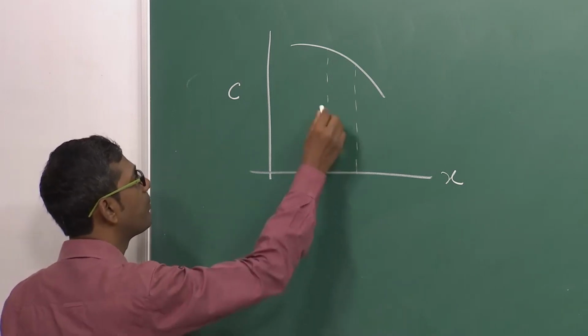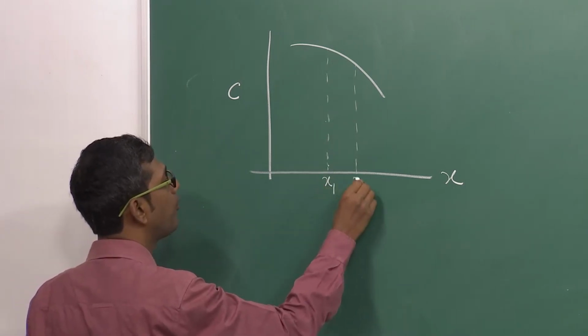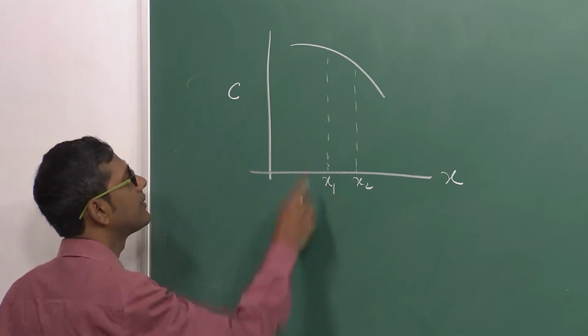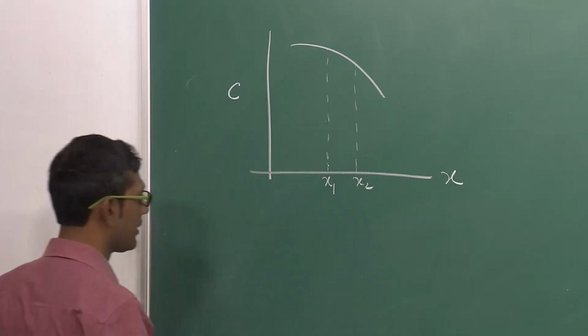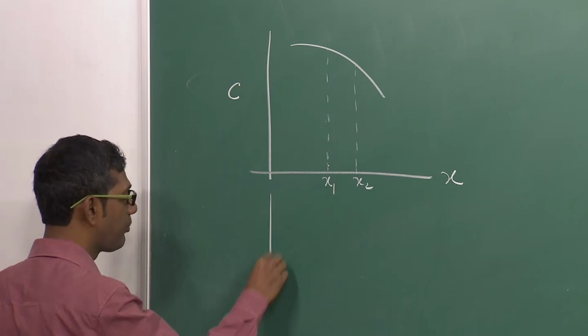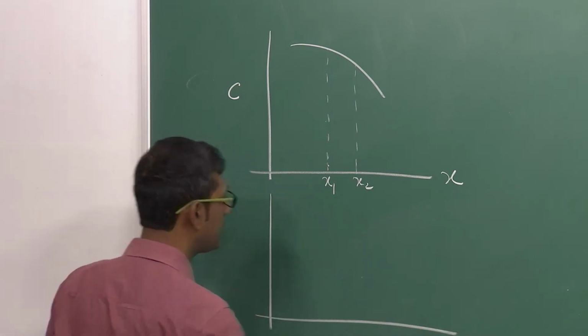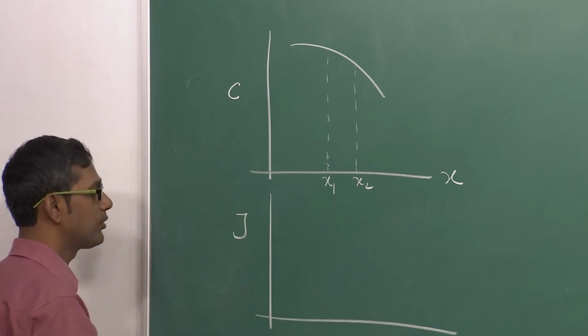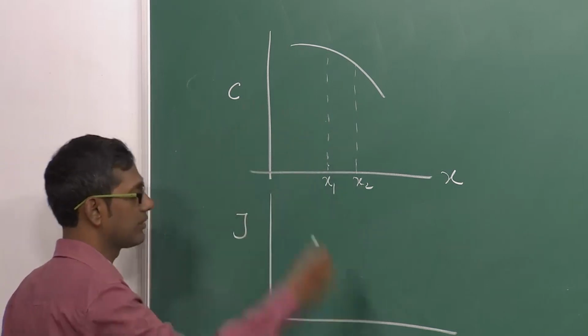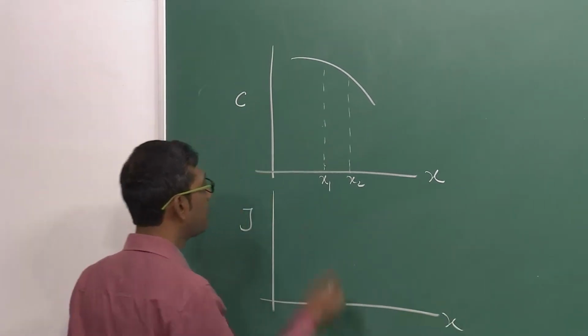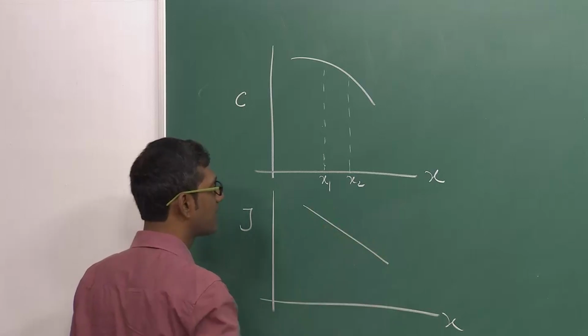So, there is a composition gradient, and if I go from one distance to another distance, the composition is reducing. So, if I plot now the J, J is basically proportional to the slope of this curve, and so the slope will be just like a straight line.